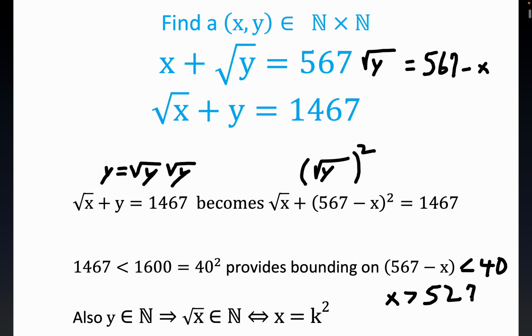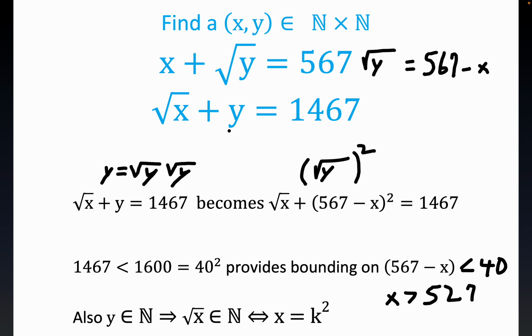Now, notice that we are positing that x, y is a natural number solution. That's a positive integer, numbers like 1, 2, 3, 4, 5. So we're searching for a natural number ordered pair solution. So notice that y is a natural number by supposition, even though we're not saying we know there's a solution, but if there is, all of this is logical.